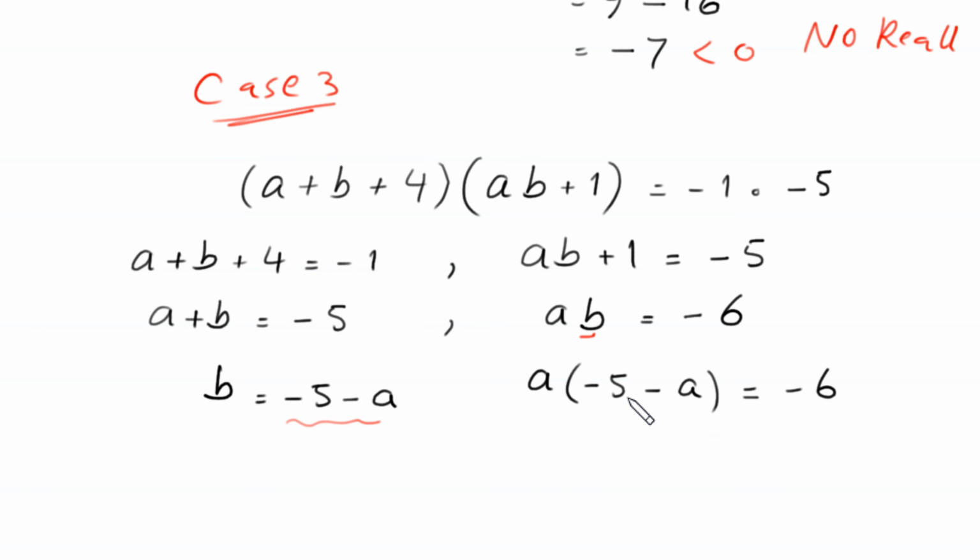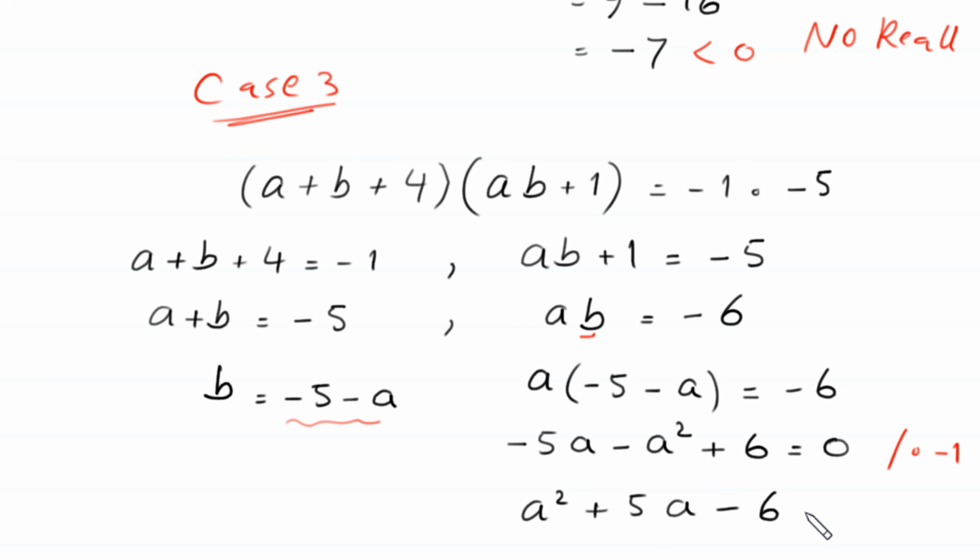Now a times negative 5 is negative 5a, and a times negative a is negative a squared. Move this negative 6 to the left hand side, this will become plus 6 is equal to 0. And we multiply both sides by negative 1, so this will become positive a squared plus 5 times a minus 6 is equal to 0.